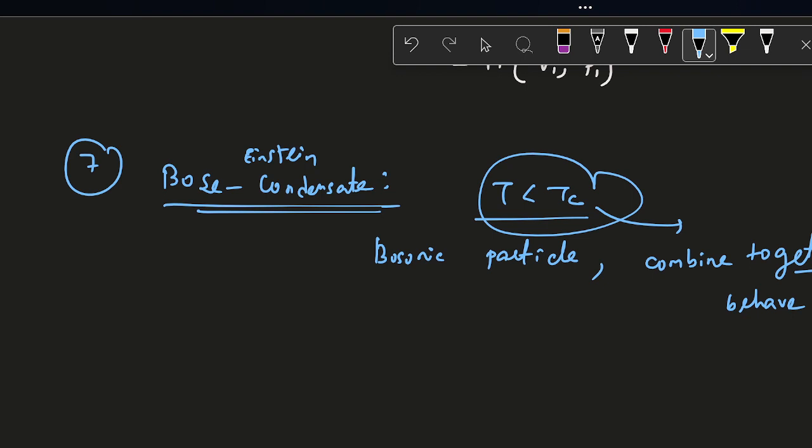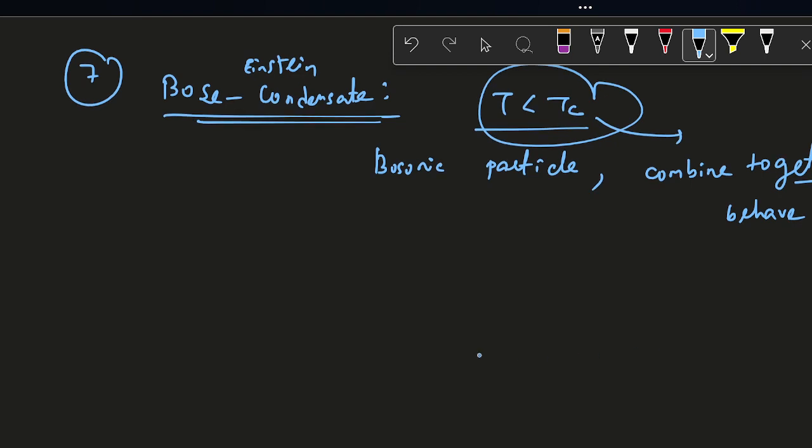So if you follow the lecture notes and the textbook, you can get the number of particles present at the ground state, that is E equal to 0 state, in a Bose-Einstein condensate system.